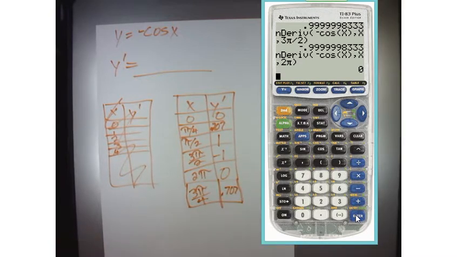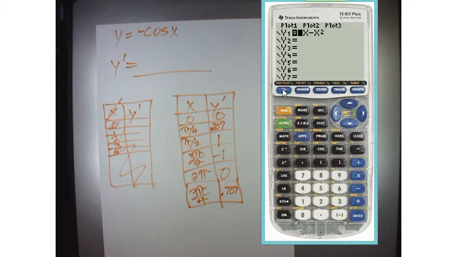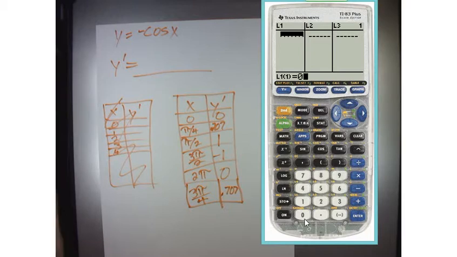So now we're going to graph this. Let's go to edit, list, and I'm going to enter 0, pi over 4, pi over 2, and then 3 times pi divided by 2.